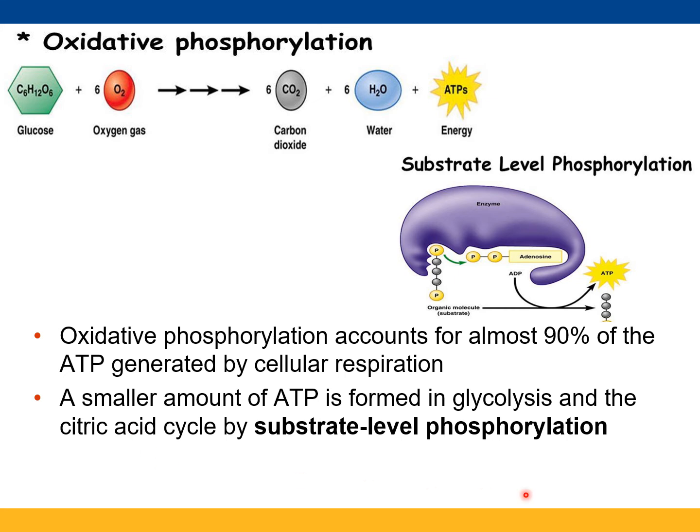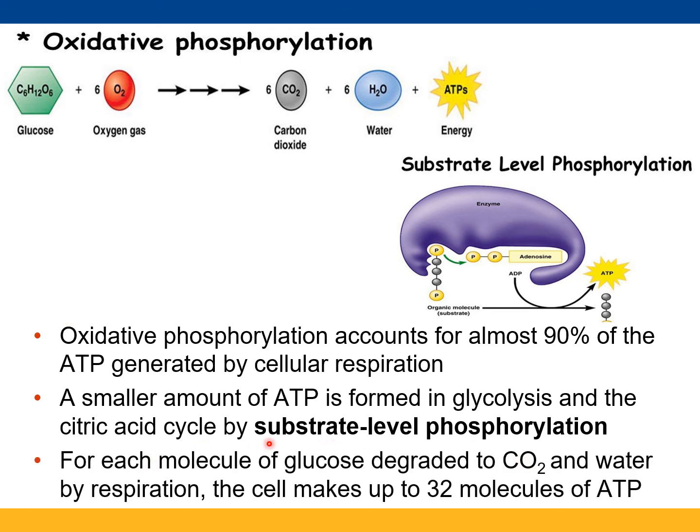This is called substrate level phosphorylation, and is very, very important because you really only have a couple of seconds of ATP in your cells at any given moment. And so if you do any type of work above and beyond just pure resting, you need a little bit of substrate level phosphorylation to make up the difference for what you can't make quickly enough with oxidative.